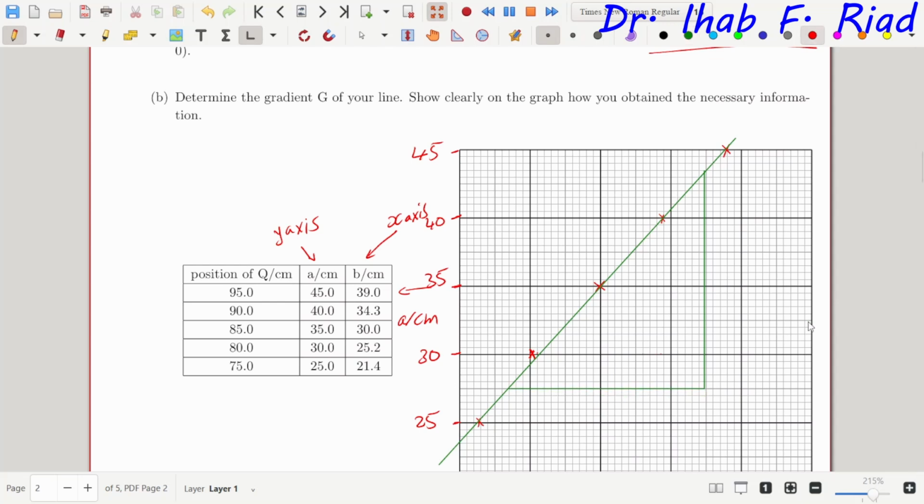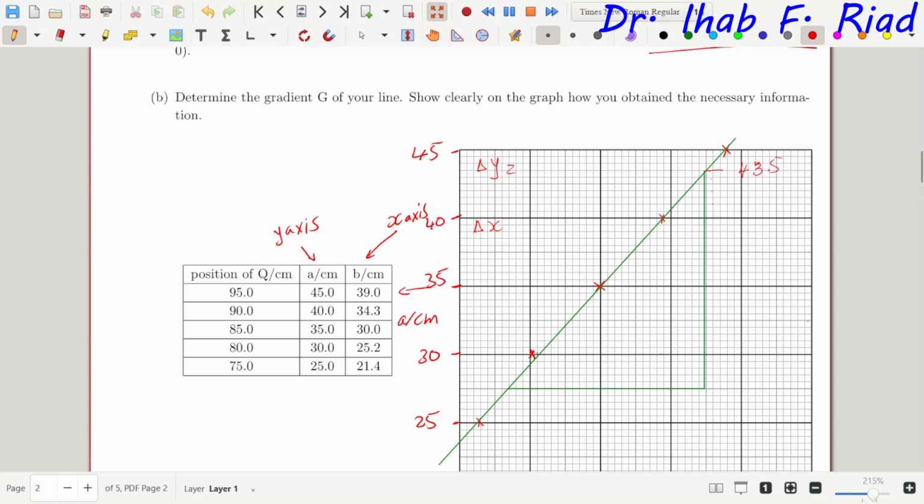Okay, so how do we calculate the gradient? It is delta y, the change in y, over delta x. For delta y, let us take the points. So the point is over here. This is 40, 41, 42, 43, 43.5.